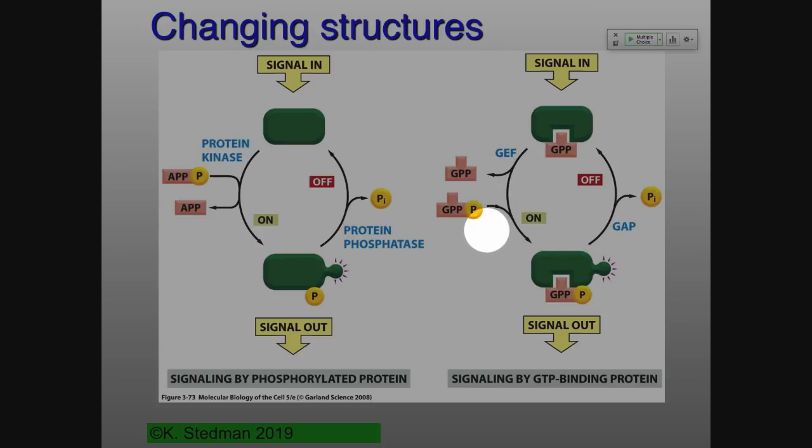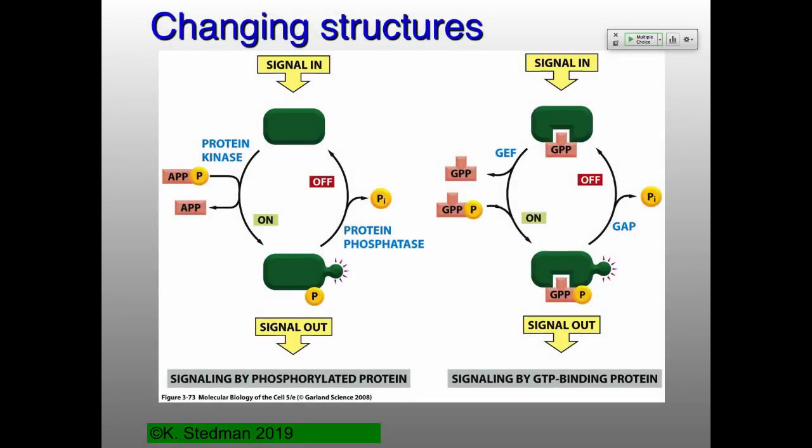You go back now usually to an inactive structure here. This guanosine diphosphate, GDP, needs to be taken off. And actually, the taking off step is usually one of the slowest steps that happens in this process. You put on GTP, and this process continues.